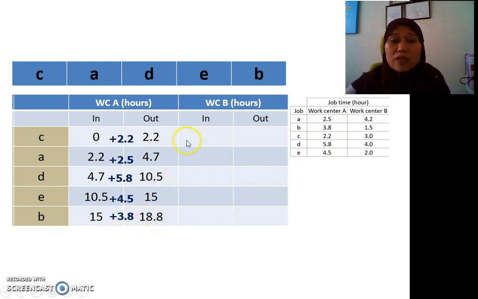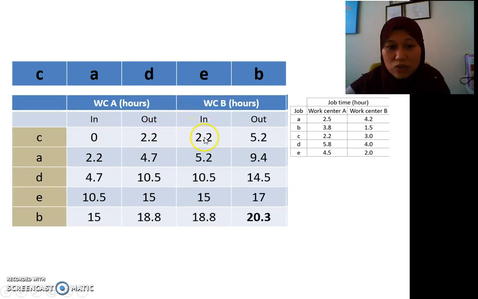Now we can start with work center B. For work center B, after finishing job C, they will go into workstation B. So you start at 2.2 here. 2.2 plus C's work center B time, which is 3, gives 5.2, and we bring 5.2 here.